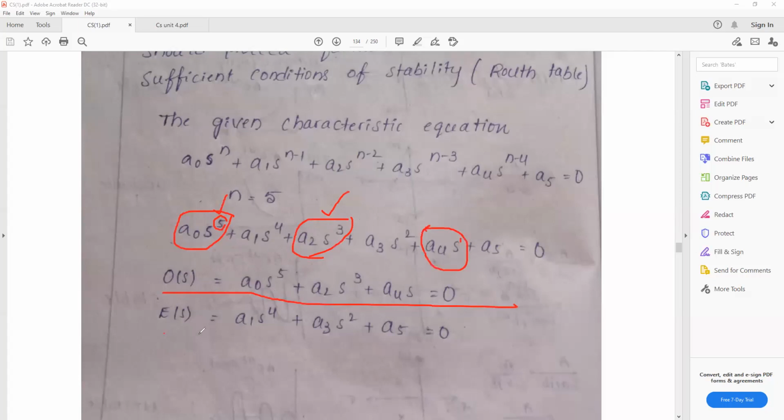And the even series is a1 s power 4, a3 s square plus a5 is equal to 0. The given equation is separated into odd numbers and even numbers. Okay, how to construct it, we will see in the next class.